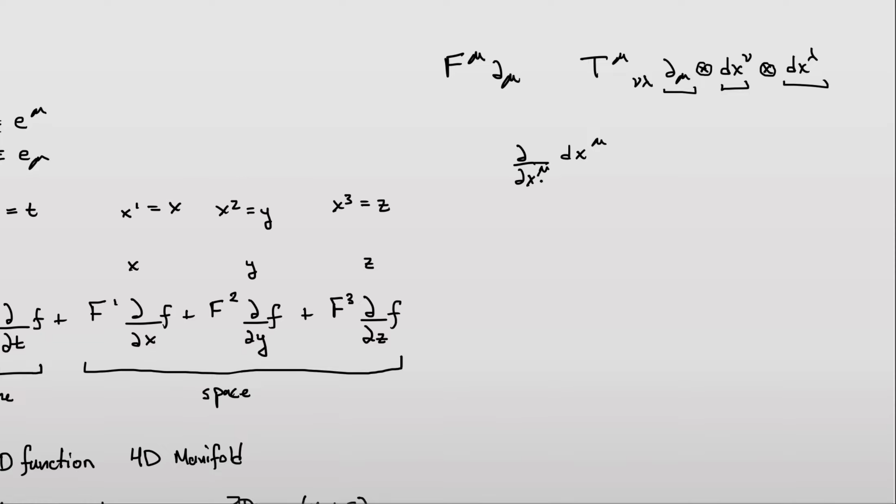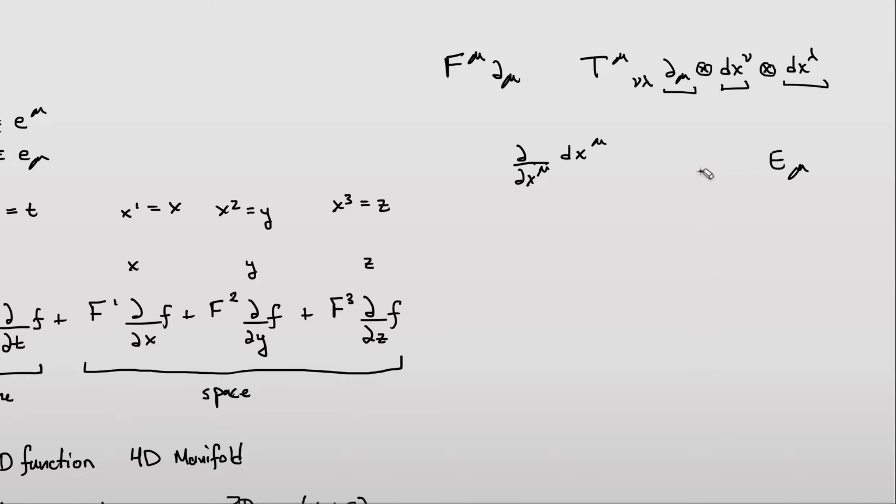Again, our dx mu is on the bottom here, so this is something that transforms covariantly, and this dx mu here is something that transforms contravariantly. If we recall our discussion on forces and electric fields, we can do the brunt work, and we'll find that these objects transform just like forces, just like if we were to compare them with the way forces transformed and the way electric fields transformed.